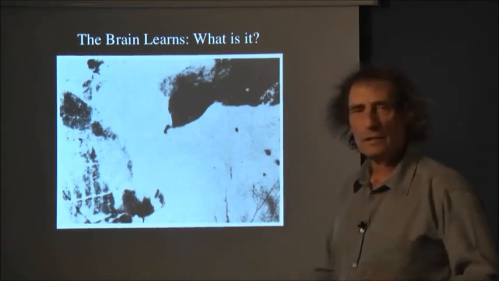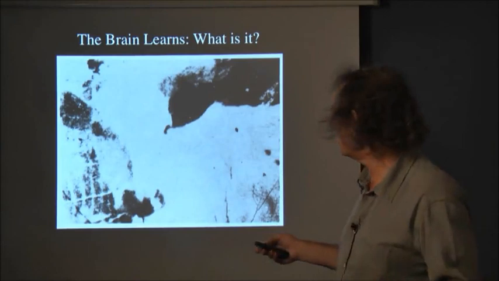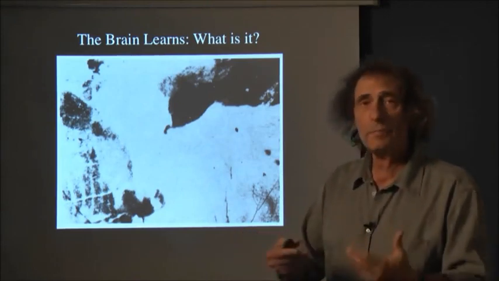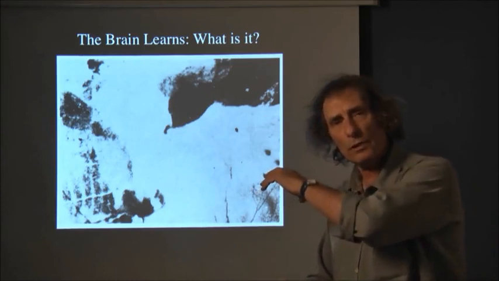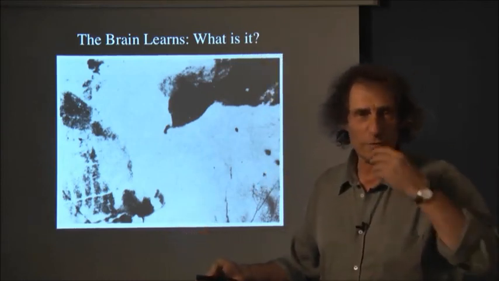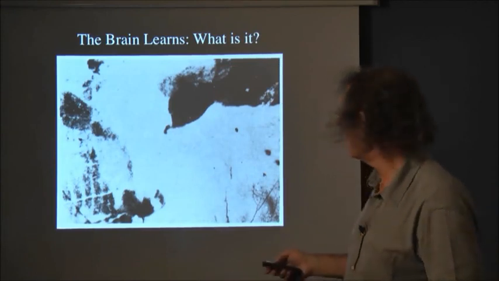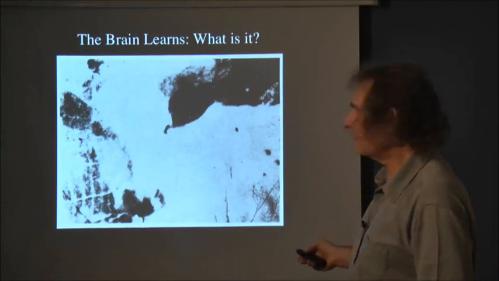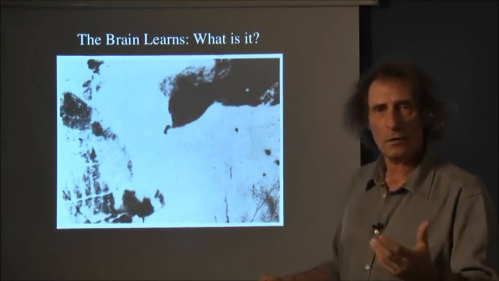So suddenly I taught you that this very vague kind of image, very obscure kind of image, can be interpreted using your memory. If you know what cows are, because if you don't know what cows are, of course, it means nothing to you. But since you have a memory of cows, this can be interpreted now as a cow.